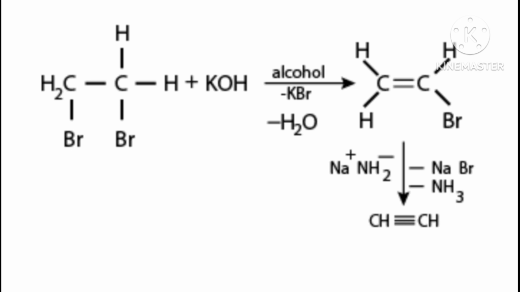We know that hydrogen atoms in ethyne are attached to an sp hybridized carbon atom. Already I told you, now again I am telling you. Hydrogen atoms in ethyne are attached to an sp hybridized carbon atom, whereas they are attached to sp2 hybridized carbon atoms in ethene, the double bond, and sp3 hybridized carbon in ethane.